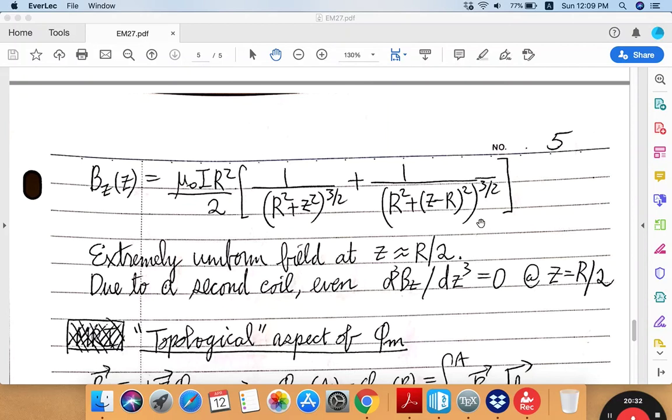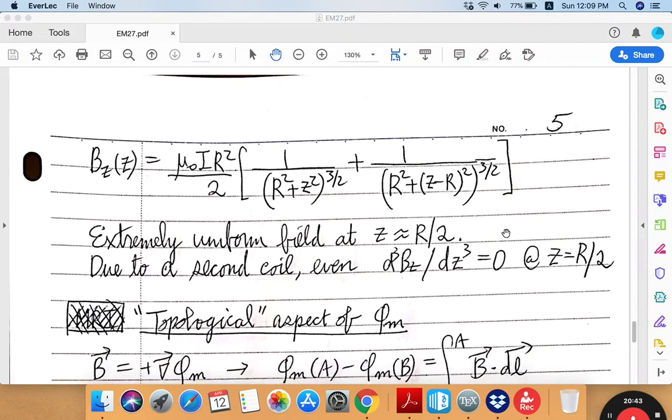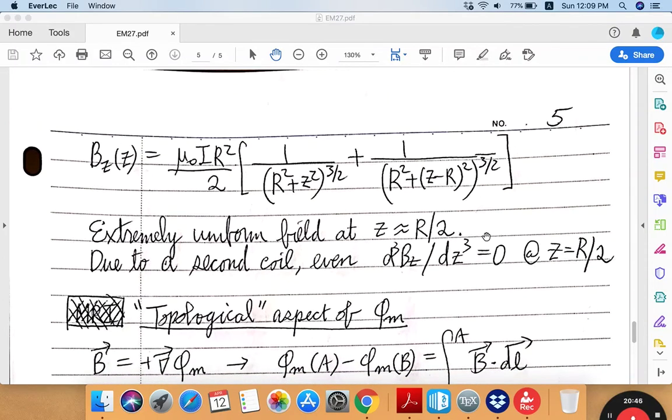But this other function that you have just added also has exactly the same feature. And therefore, even this superposition of the magnetic fields will have a second derivative equal to 0 halfway between the rings.